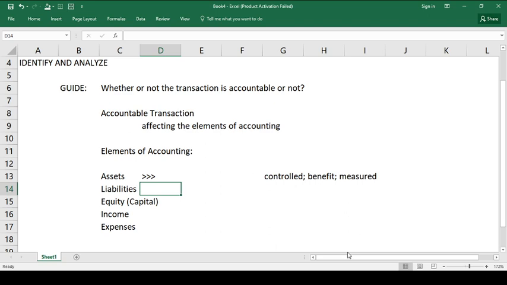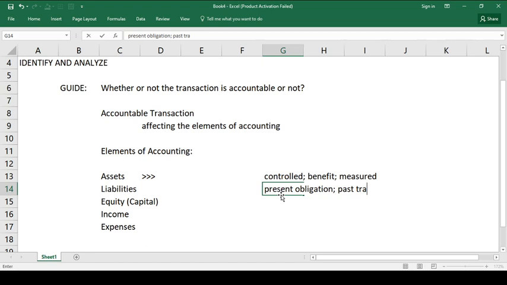And when present obligation exists, take note, the present obligation that is existing currently and presently must come from a past transaction. Bakit po dapat from past transaction? Sinasabi po natin yon na the present obligation is coming from a past transaction is that hindi naman po pwedeng nagkautang ka kung hindi ka umutang before.